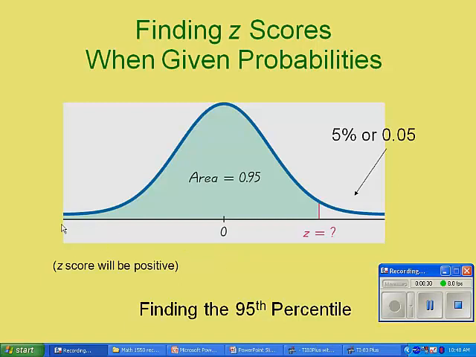So we're talking about a z-score here. You're going to be above the mean if you're better than 95%, right? Probably. At least on a bell curve you will be. So what we're really given here is that the area under the curve on this side is 95%.